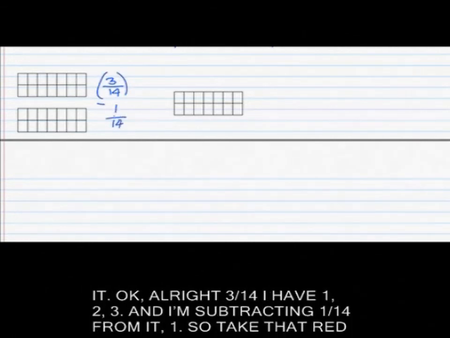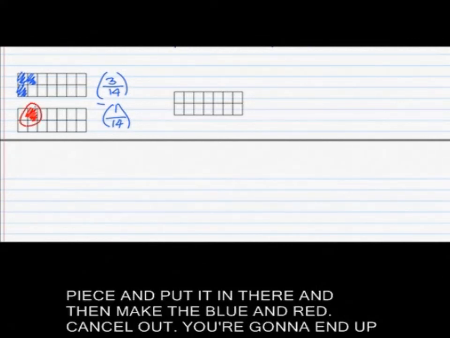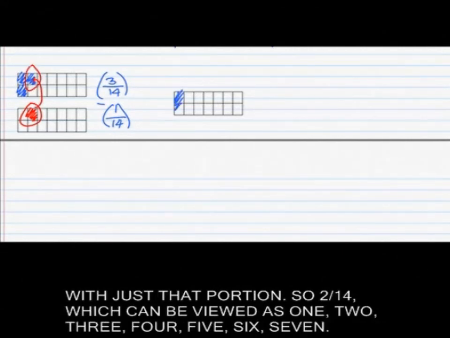Okay. All right, 3 14ths. I have 1, 2, 3. And I'm subtracting 1 14th from it. 1. So take that red piece and put it in there and then make the blue and red cancel out. You're going to end up with just that portion.